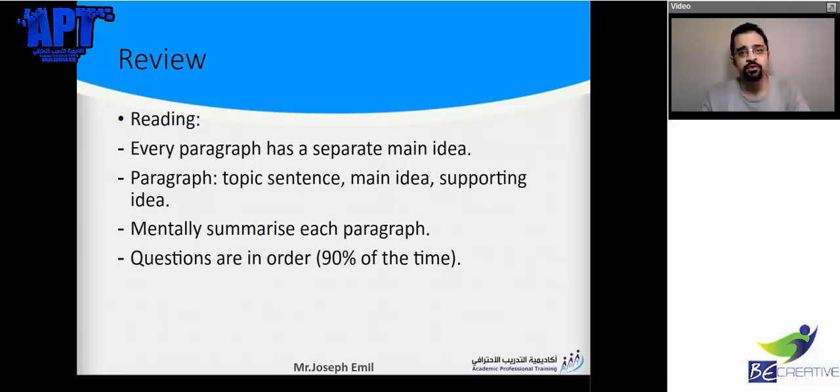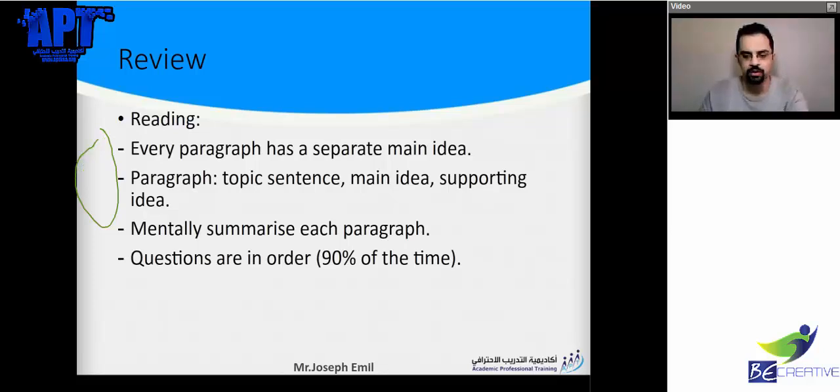Now, while you're reading the paragraph, try to mentally summarize it. To summarize it, try to write a summary of the paragraph, even if you have to write just 1 sentence on the margin. Whenever you read a paragraph, there is a small space here on the right or the left of the paragraph.